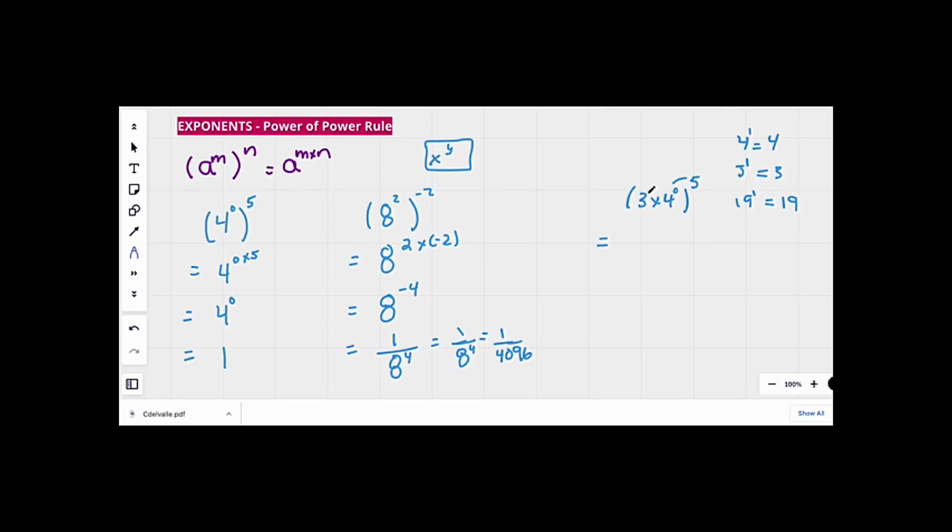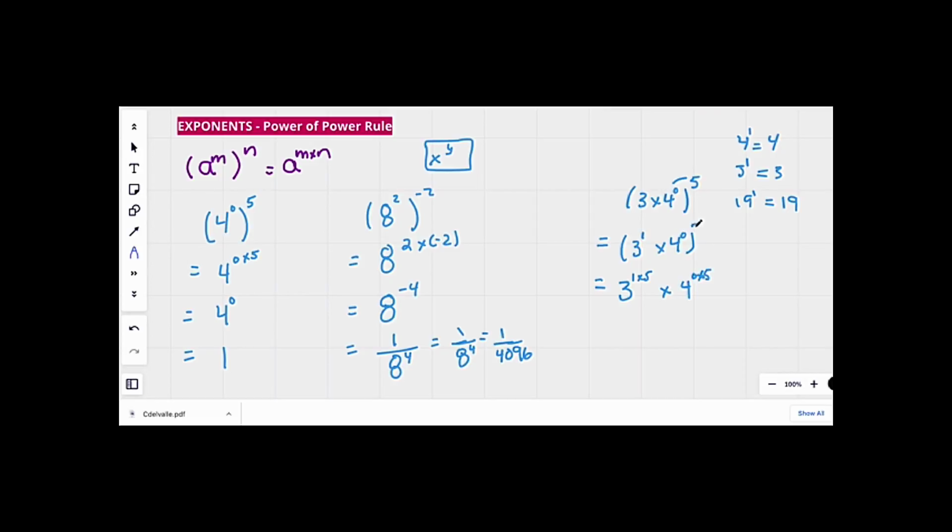So when we don't have an exponent, it's the same thing as saying 3 to the power of 1. So if we were to apply our power of power rule, it would be the same thing as saying 3 to the power of 1 times 5, and 4 to the power of 0 times 5.